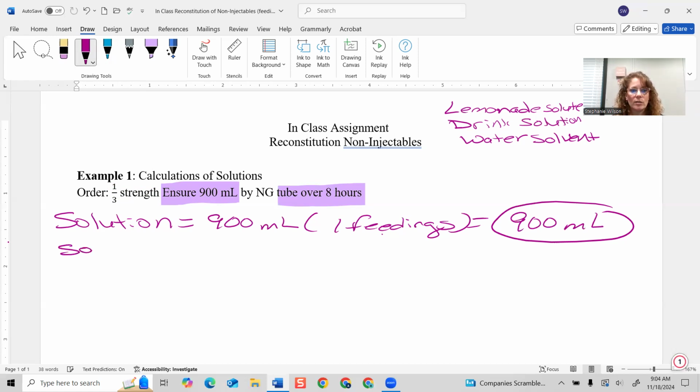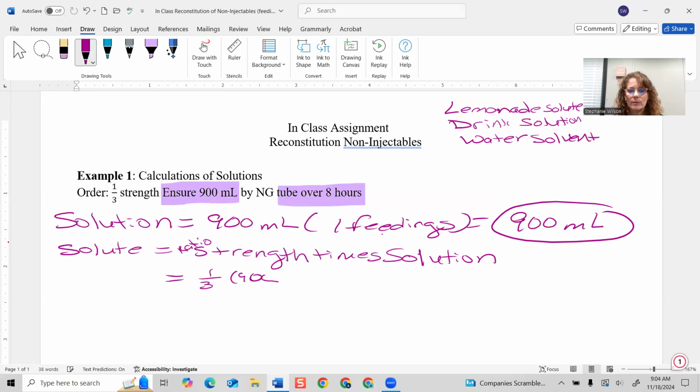Now let's find our solute. Our solute is going to be the ratio strength times my solution. So I've got a 1/3 strength times 900 milliliters, which means I've got 1 times 900 over 3 milliliters.